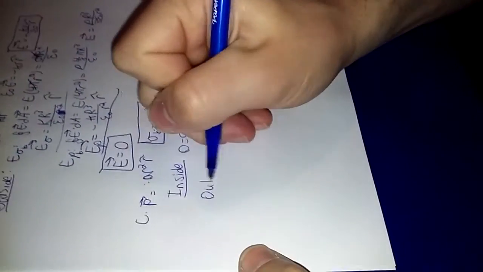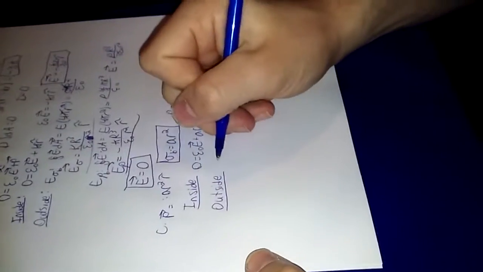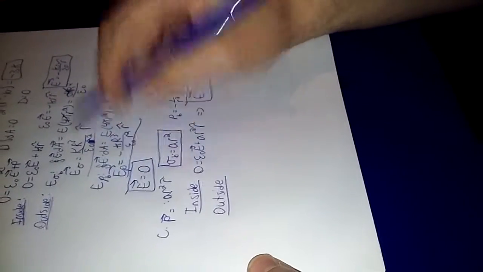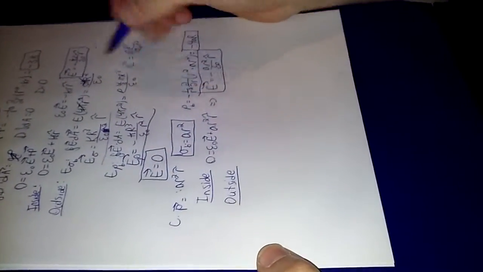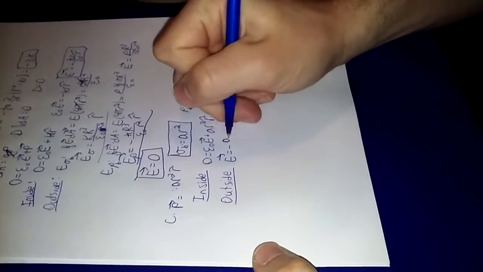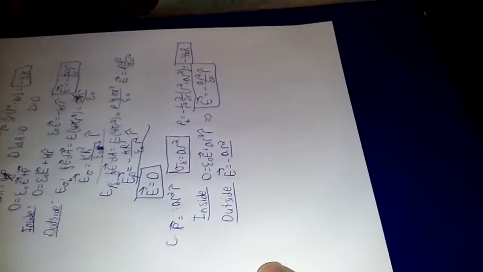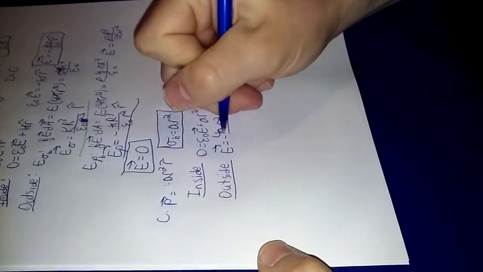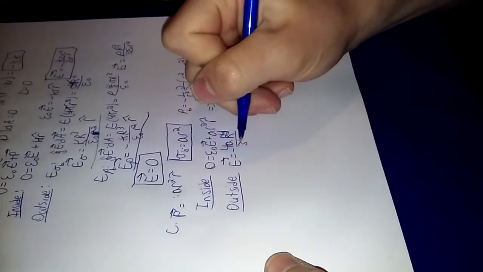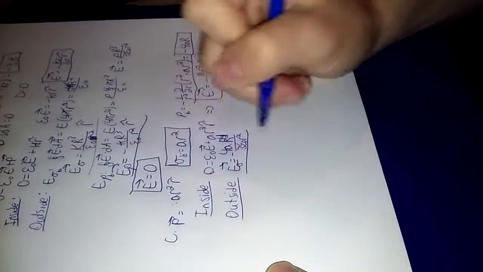And then for outside, we go through the same logic for the sigma bound. So I'm just going to skip to the part where we put in the sigma value, and we end up getting negative a big R to the fourth over epsilon naught little r squared for sigma.